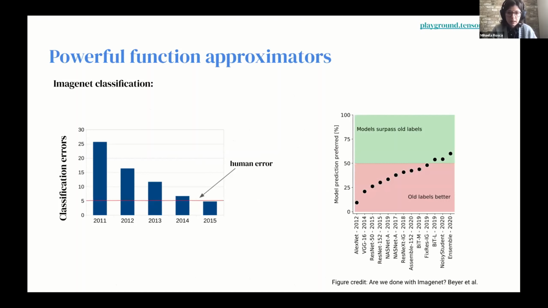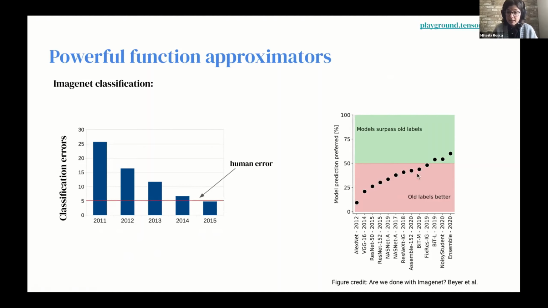To get some idea of how powerful these function approximators are, let's think of one benchmark that has been used in computer vision in the last 10 years, which is ImageNet classification. ImageNet is a very complex data set. It has very high dimensional images with 1,000 different classes, which include volcanoes and people and dogs and so on. And we can see that from 2011 to 2015, we went from 25% top-5 error to below human error.